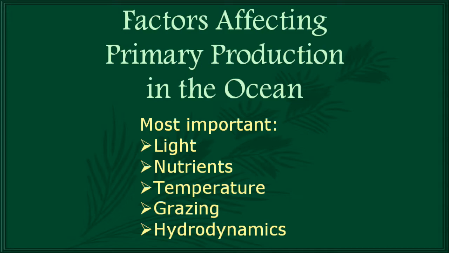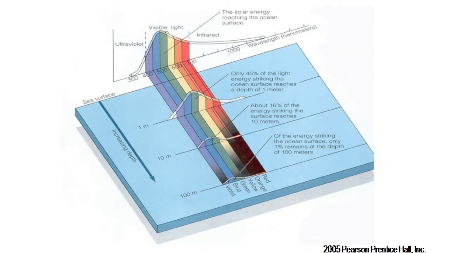In terms of light, basically, since photosynthesis is a process that needs light, then it's a very critical component of where primary productivity can be high or not high. Some components of light that are important are that, one, the light is absorbed as you go deeper into the water, and so at the surface there's high solar energy that reaches the sea surface.